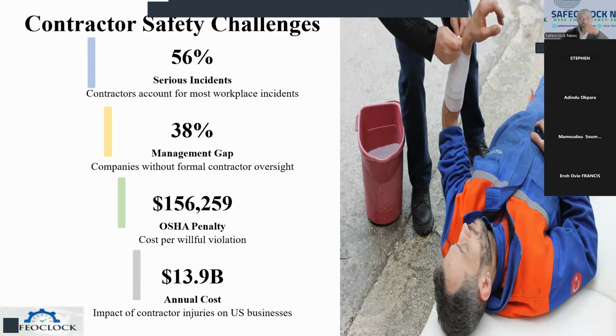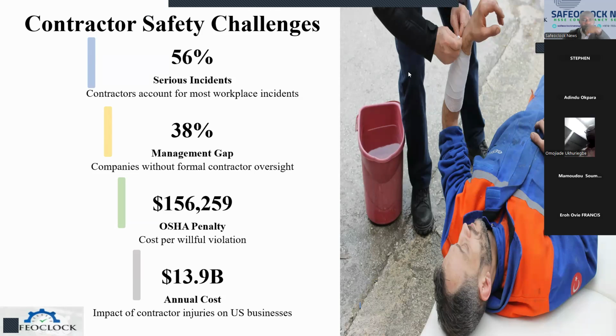There is also the impact of contractor injury on United States businesses, which amounts to about $13.9 billion. You could understand what kind of effect that would be to a business. We are just talking about a particular country. So if you look at it globally, you now understand the cost implication of poor management of contractors.